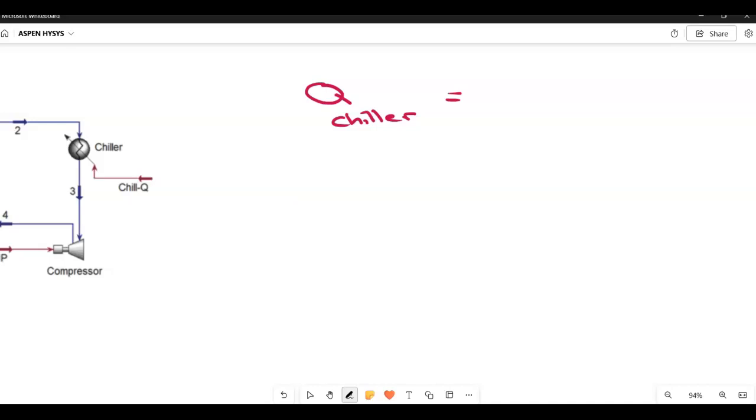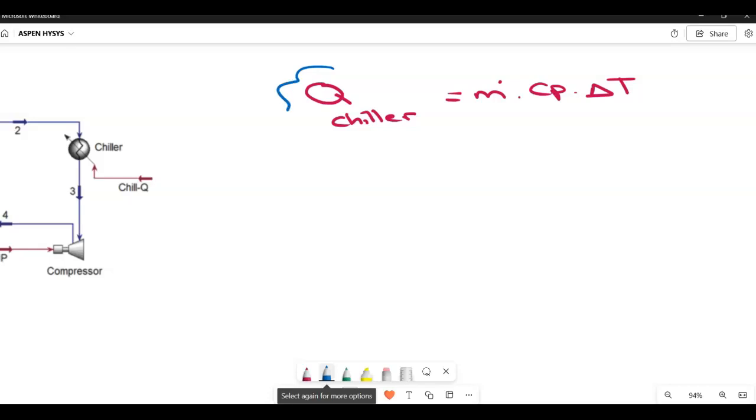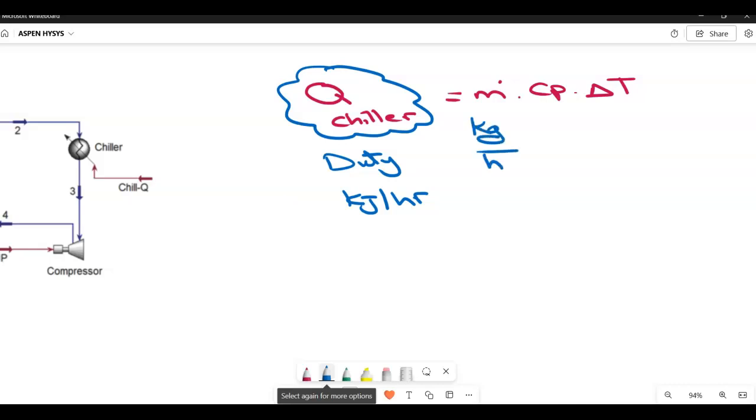This is M, the mass flow, Cp, and delta T. So if we look at our simulation, this is our duty. Here, this is your duty, and it will be defined in kilojoule per hour. This one is a mass flow, and it could be defined in kilogram per hour. This is a molar flow, so amount of mass per unit time.